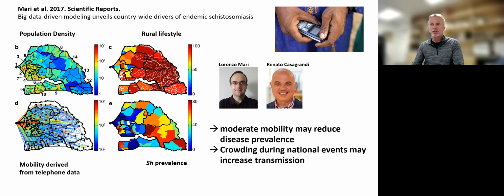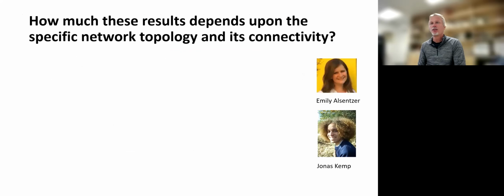And what they found is that moderate mobility may reduce disease prevalence, but crowding during national events like the religious feast might potentially increase transmission in certain conditions. How much these results depend upon the specific network topology and connectivity of Senegal with respect to, say, the one that we found in Burkina Faso or in Côte d'Ivoire, where we also work.